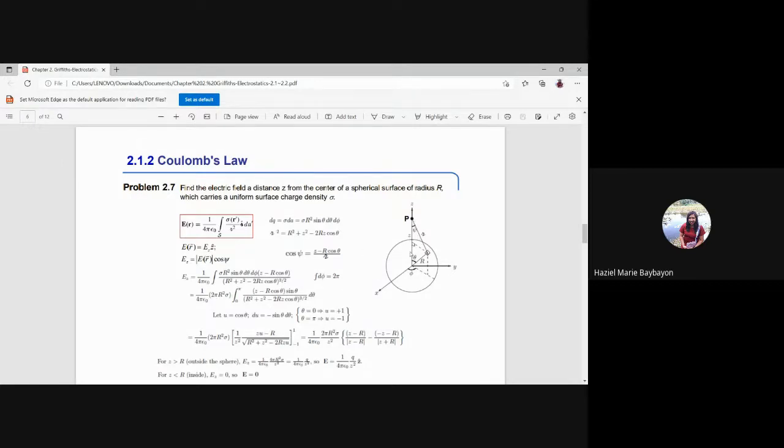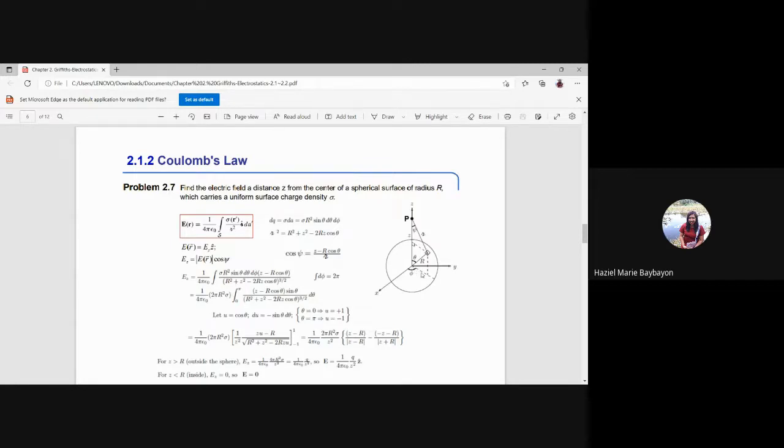Here you have z minus r cosine theta. Why r cosine theta, class? If this is r here, r cosine theta is along this one, in the xy plane. So your r cosine theta is in the xy plane. Okay.